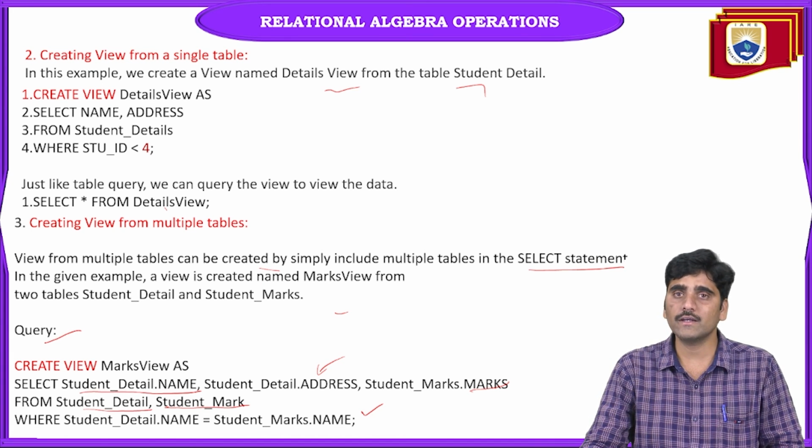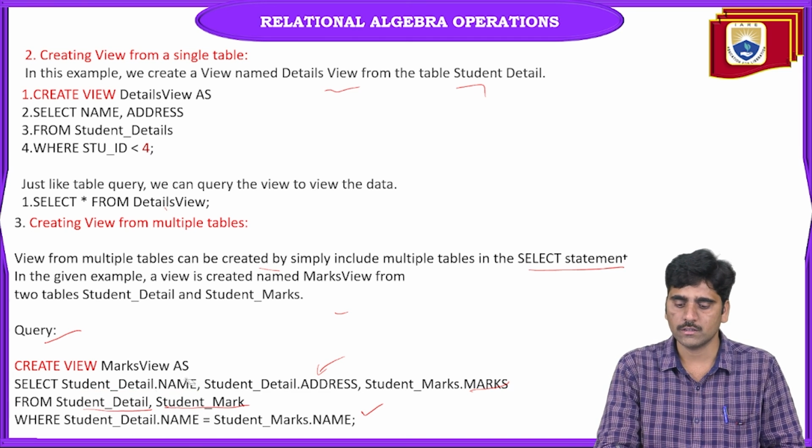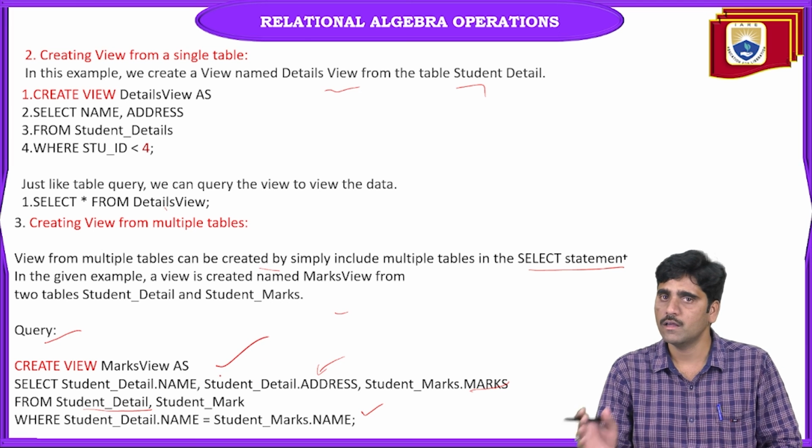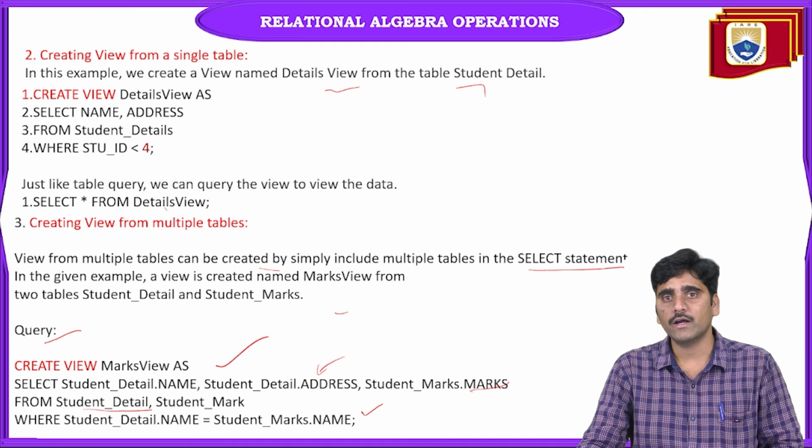And if you want to create a view from multiple tables, you can follow like this: taking the columns from the two tables, and the condition is the where condition, where you match the columns from those two tables.